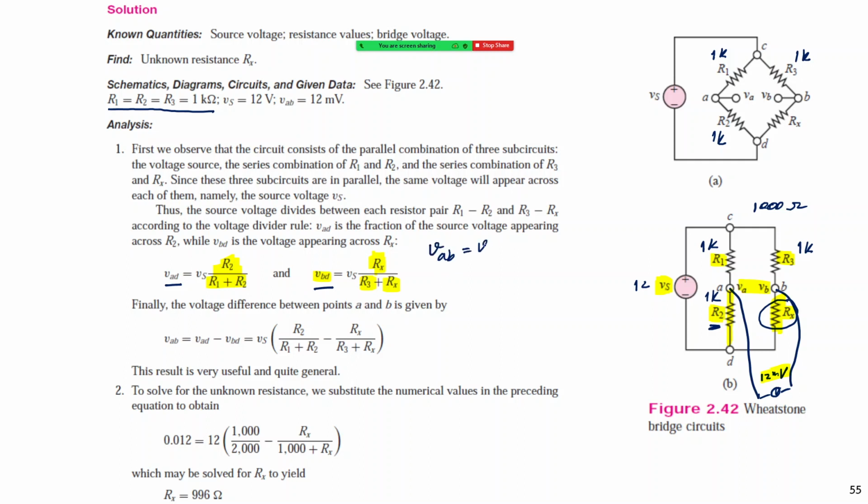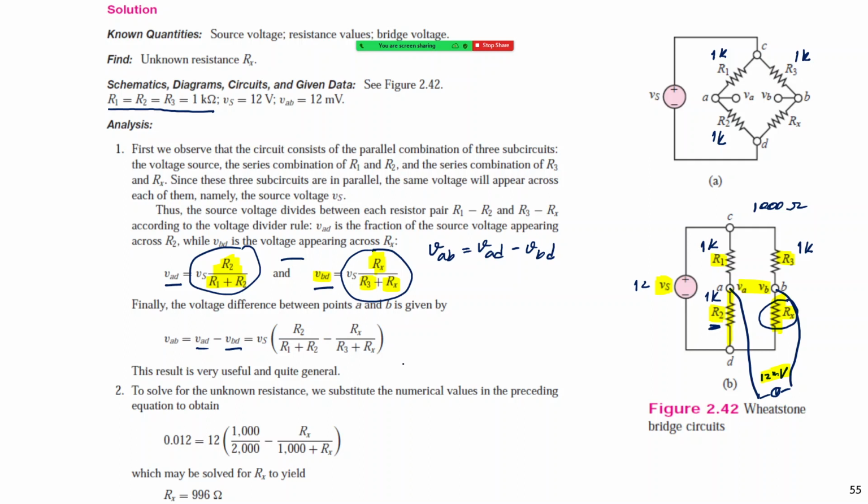VAB is VAD minus VBD, so it is equal to Vs times the subtraction of these two terms: R2 divided by R1 plus R2 minus Rx divided by R3 plus Rx.